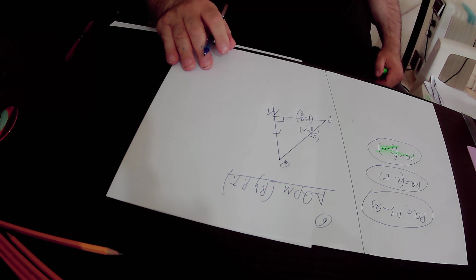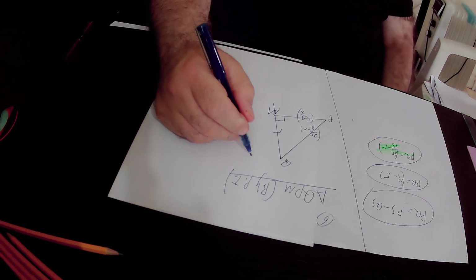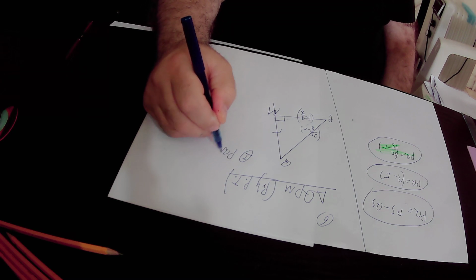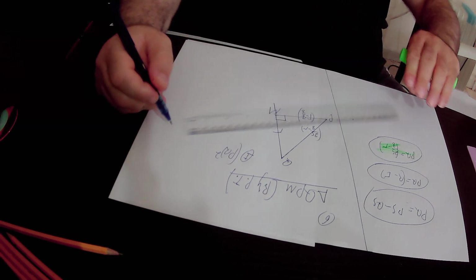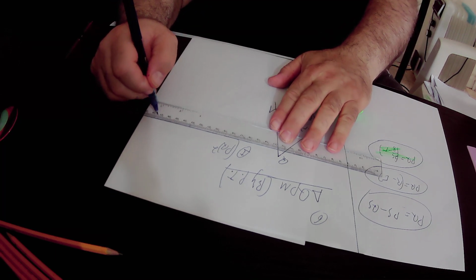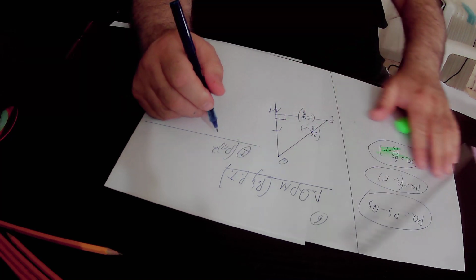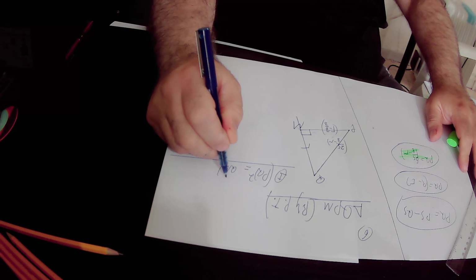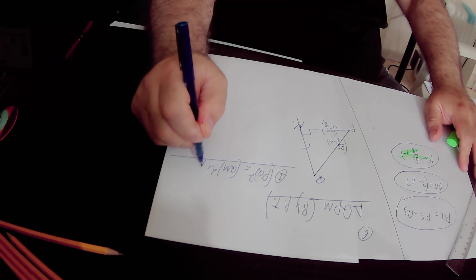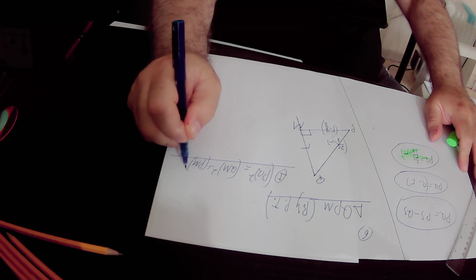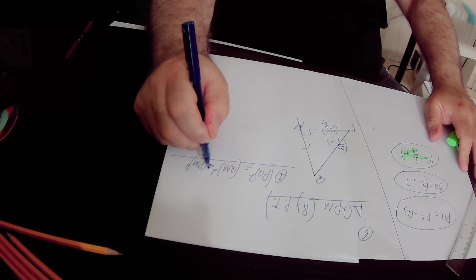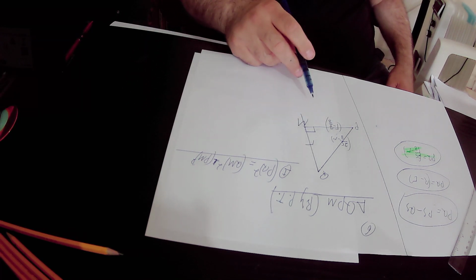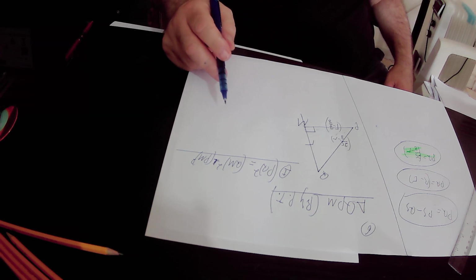The hypotenuse is PQ, so the square of the hypotenuse is PQ squared, and it must be equal to the sum of the squares of the perpendiculars. That is to say, it must be equal to QM squared plus PM squared. Okay, so according to the Pythagoras theorem, in this right triangle QPM, PQ squared equals QM squared plus PM squared.